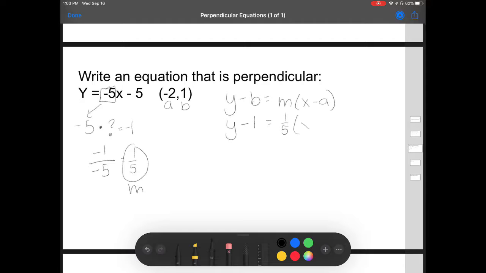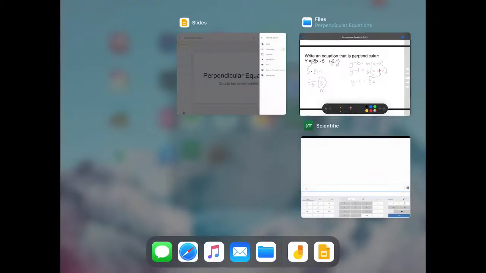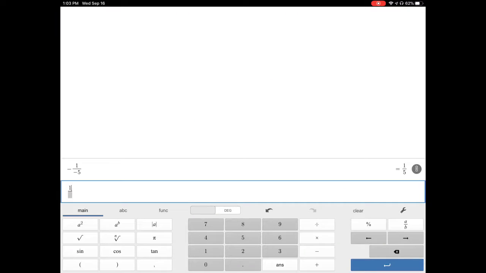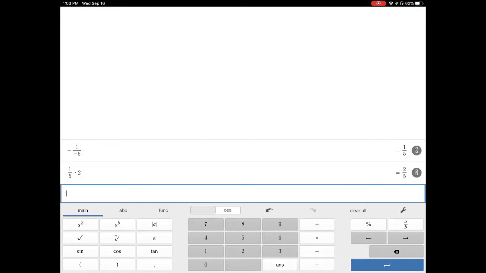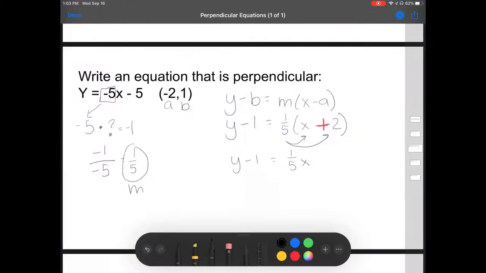y minus 1 equals 1/5 x minus -2. When you have a minus and -2, always turn that into a plus. Distribute. y minus 1 equals 1/5 x, 1/5 times 2. 1/5 times 2 is 2/5. So distribute is multiply.